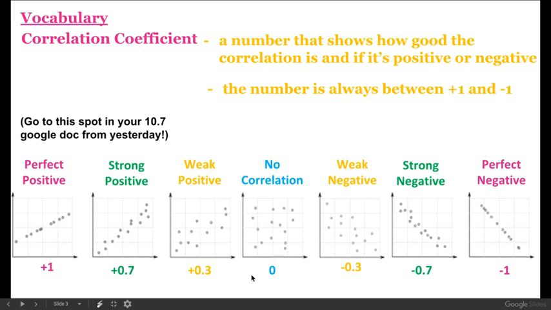So basically what happens is the closer the number is to +1, the stronger the relationship. The closer the number is to -1, the stronger the relationship. The closer the number is to 0, the weaker the relationship. Okay, so take a second to pause the video here and copy these numbers down, add them to your notes from yesterday.